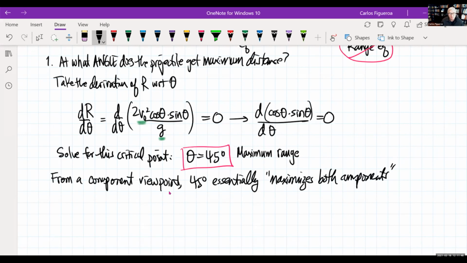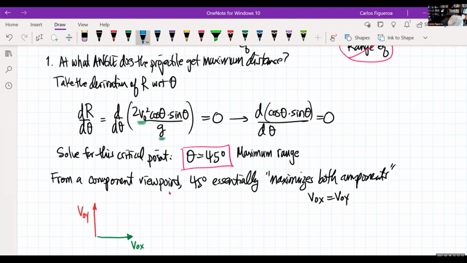It's like the sweet spot, because at 45 degrees, the length of the y component is balanced out by the length of the x component. They're equal. In other words, v initial x and v initial y have the same length.